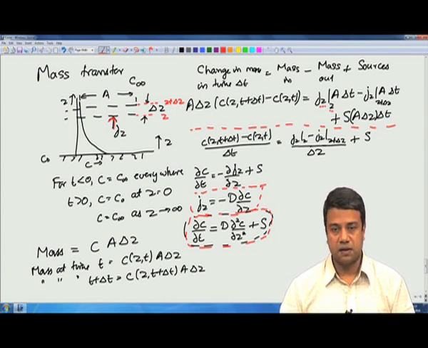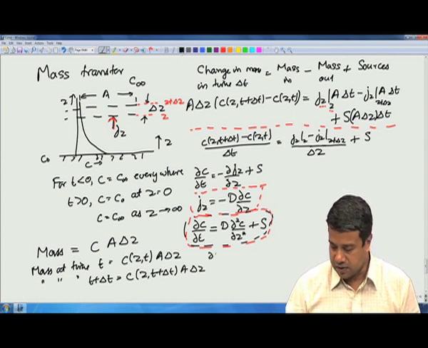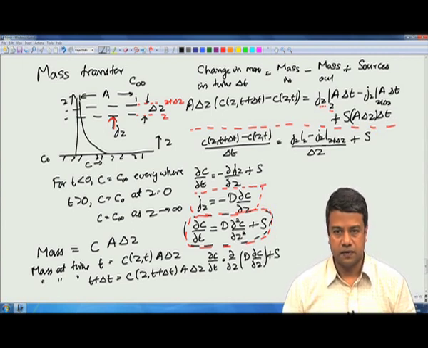In general, if the diffusivities do depend upon position, the correct equation is actually d by dz of D dC by dz plus S. If the diffusivities do depend upon position, the diffusion coefficient does have to come within one of the derivatives.